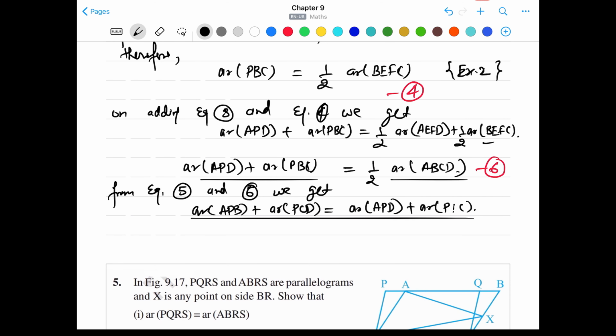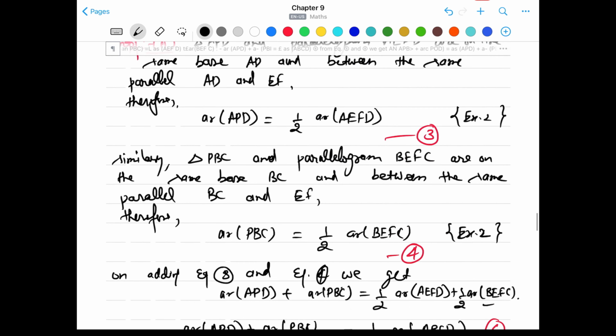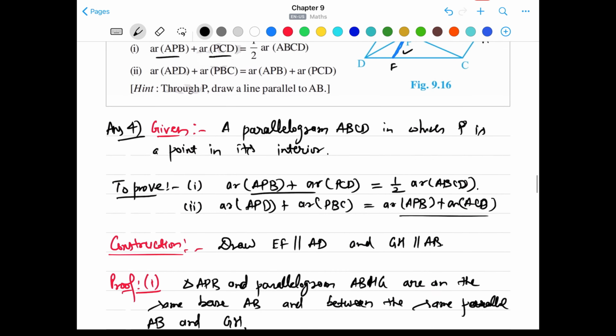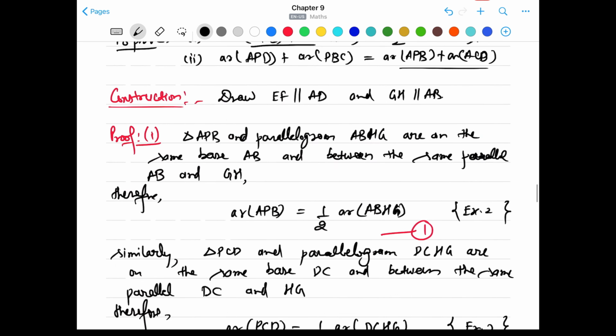Okay, this is what we are asked to prove in the second part of question number 4 of exercise 9.2. So we have proved both parts of question number 4.